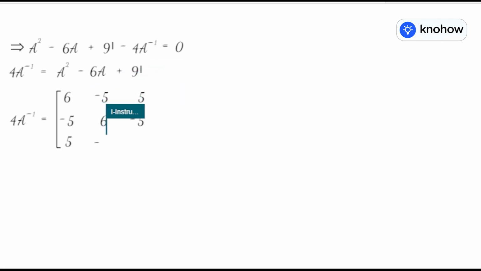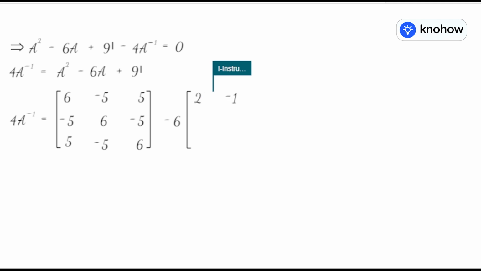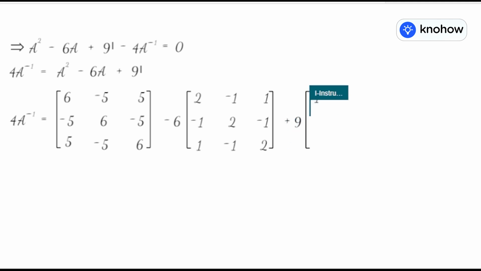Okay, and minus 6 times A, the given matrix, which is 2, minus 1, 1, minus 1, 2, minus 1, 1, minus 1, 2, and plus 9 times the identity matrix, that is 1, 0, 0, 0, 1, 0, 0, 0, 1.